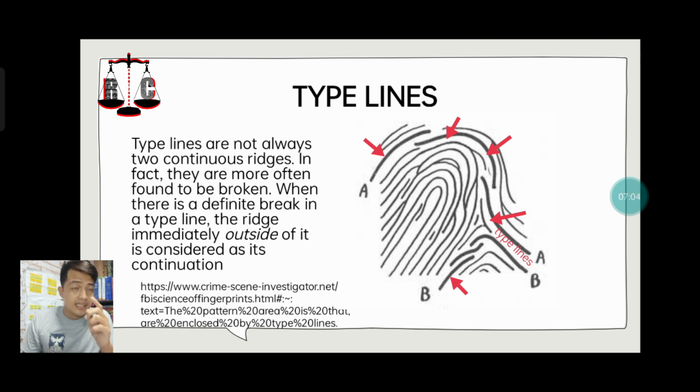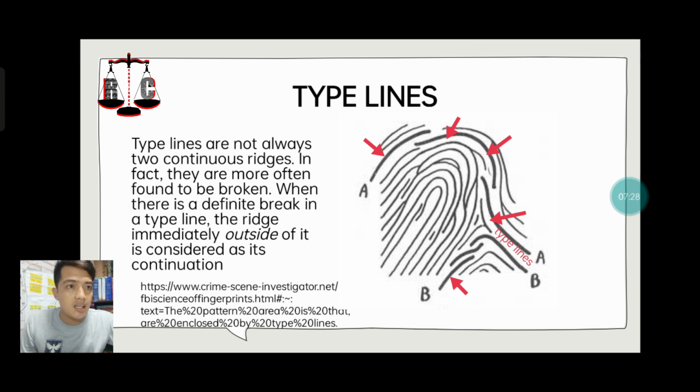Here in the illustration, it is broken. Remember, the ridges are broken. But based on the definition, if your ridges are broken, you consider the outside ridges as the continuation of your typelines.